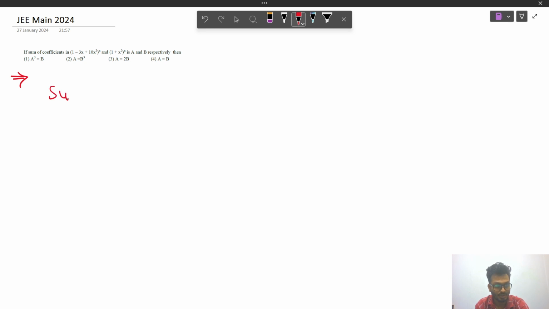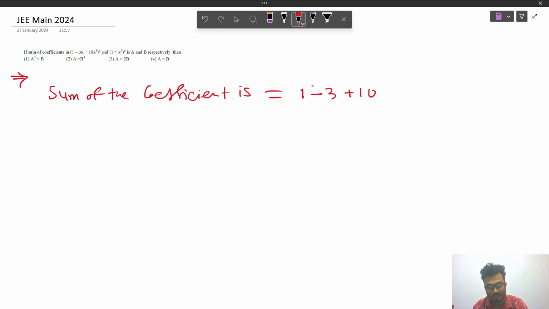The sum of the coefficients is obtained by taking the coefficients 1, minus 3 and 10, so (1 minus 3 plus 10) to the power n. This is how we get the sum of the coefficients, so it will be 8 to the power 9.